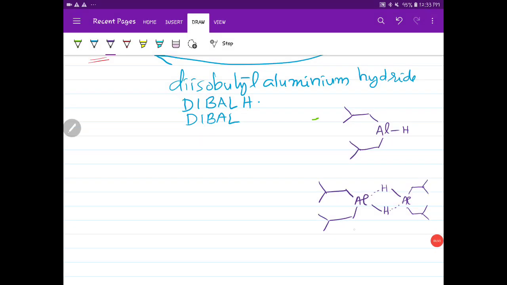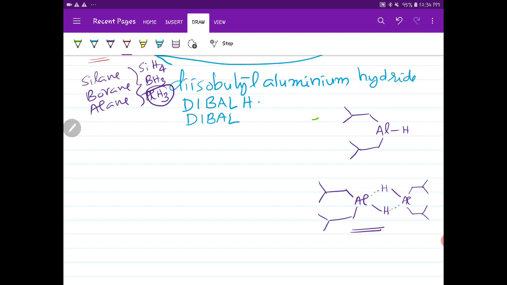This is the structure of diisobutyl aluminum hydride. You would have heard of silane and borane. Silane is SiH4, borane is BH3, and alane is AlH3. This AlH3 is derivatized to give diisobutyl alane.